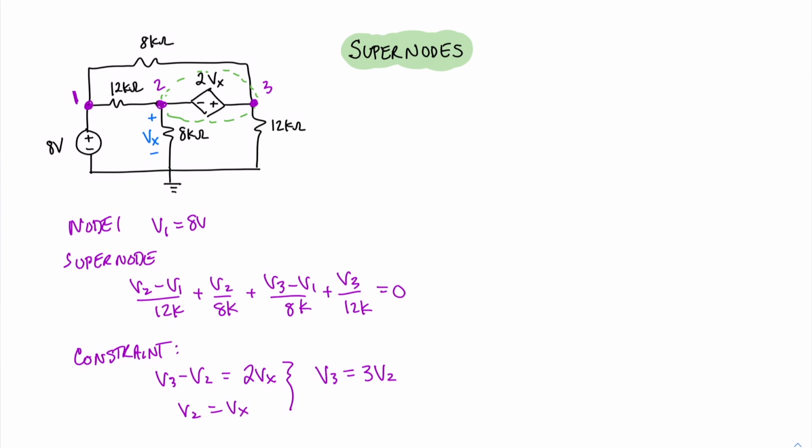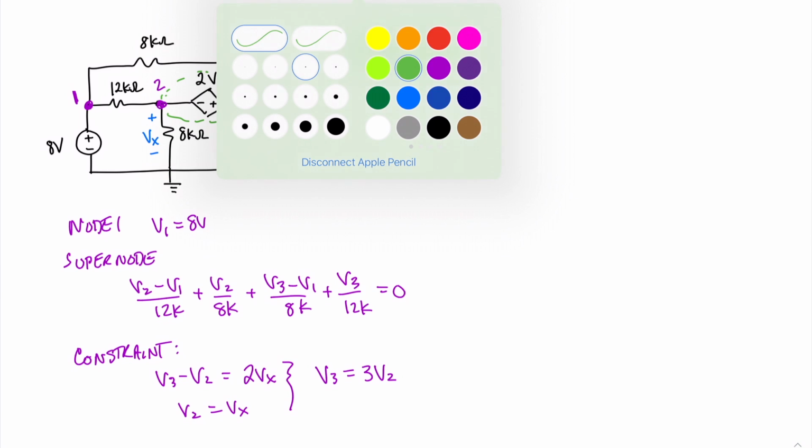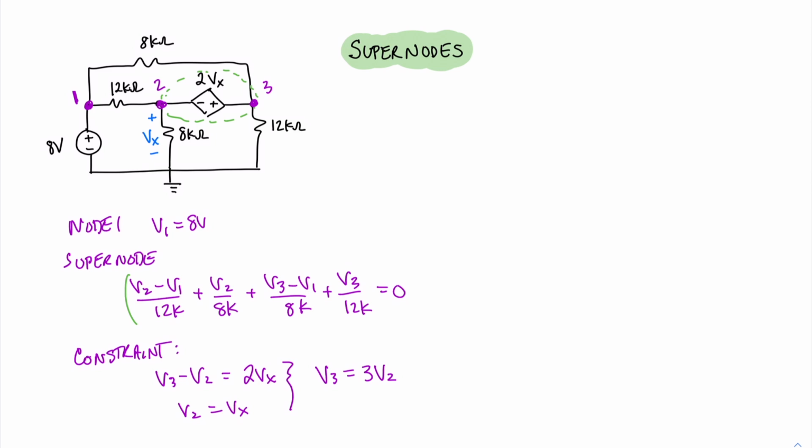Now let's simplify our supernode equation and plug in the value for the voltage V1 and this newfound constraint, and then we'll be able to solve for the values of V2 and V3. To simplify this equation, I'm going to multiply both sides by 12K. Actually, not 12K, but rather 24K, because that would be our least common denominator in this situation.